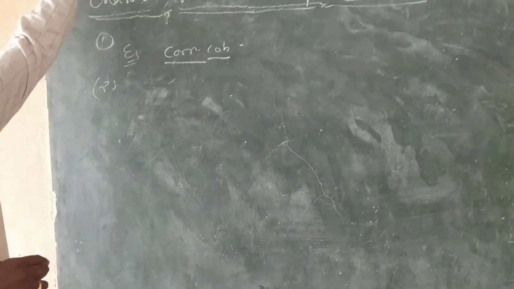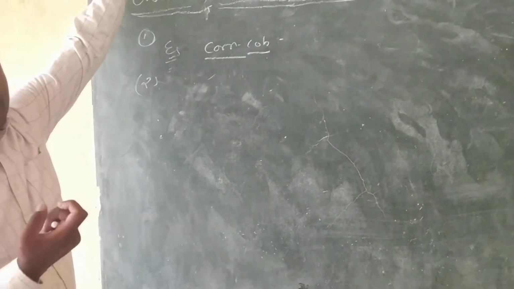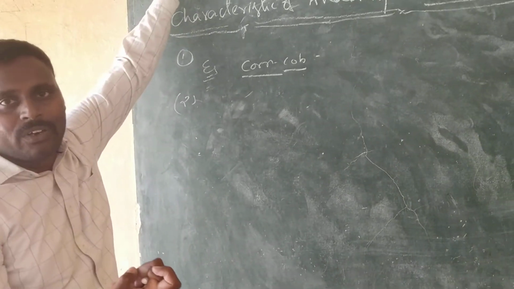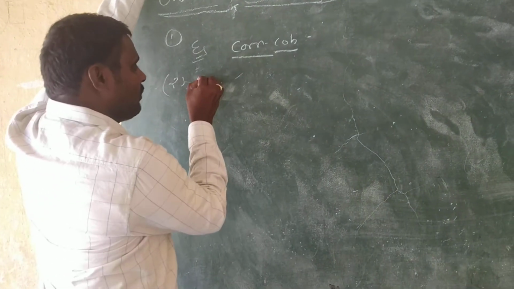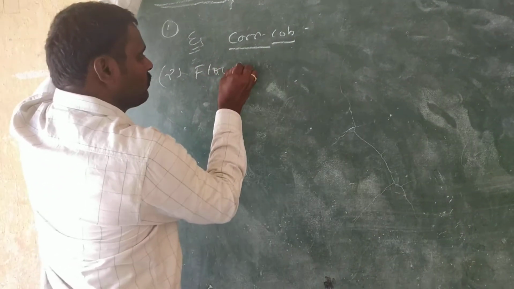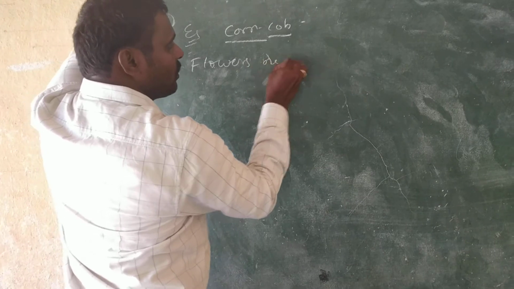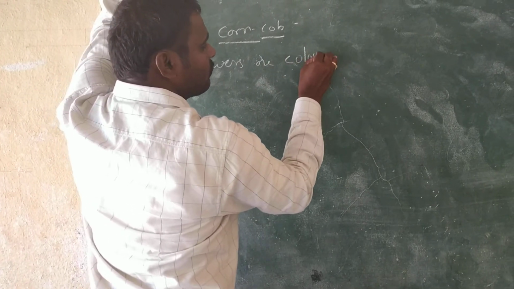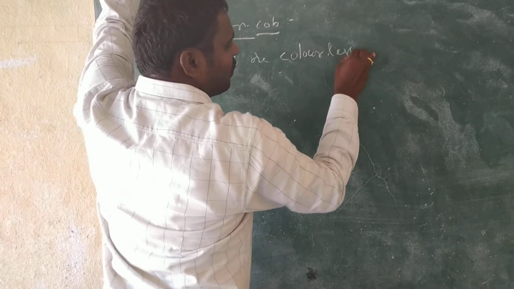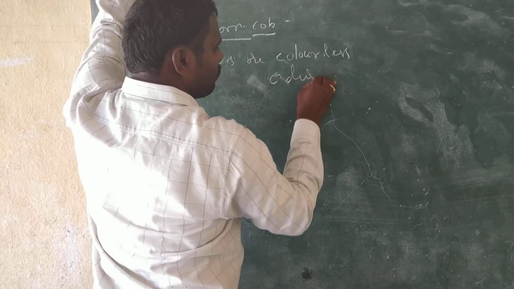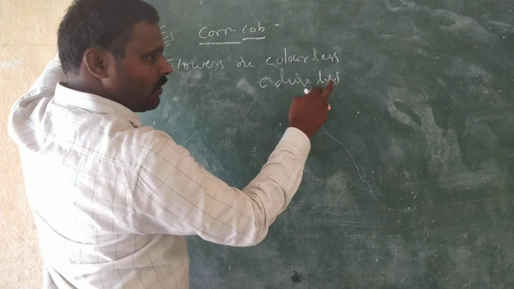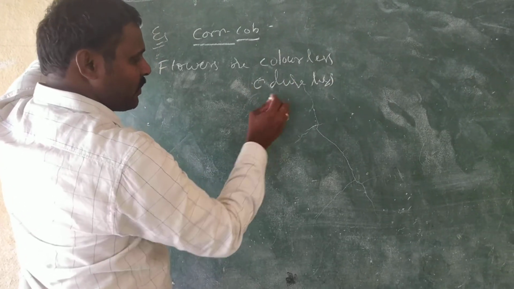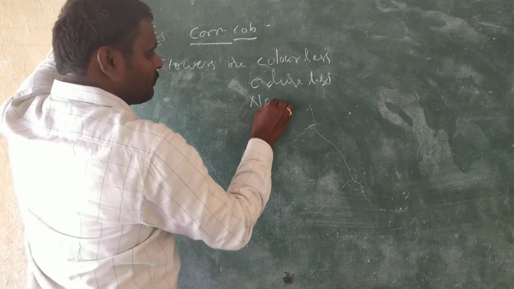Second, the flowers are colorless, odorless, and nectarless. That means color is not there and odor, smell, is not there.